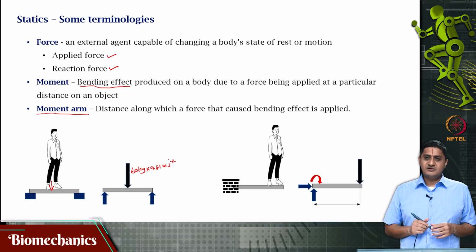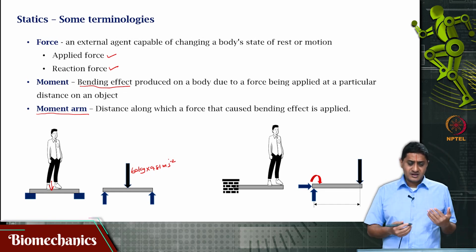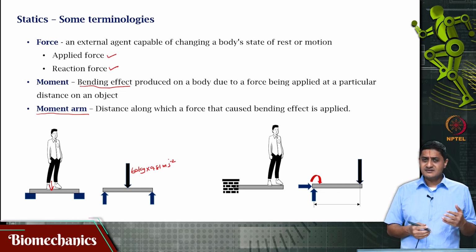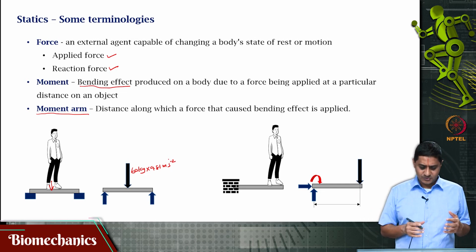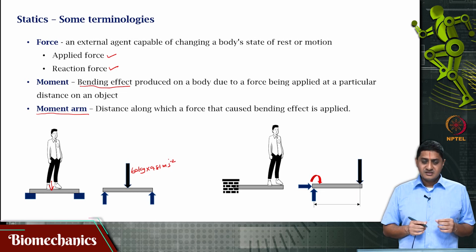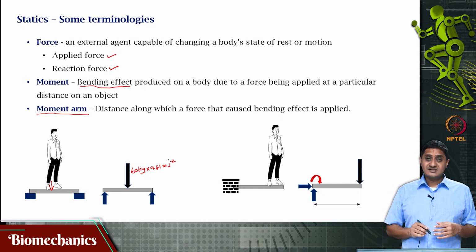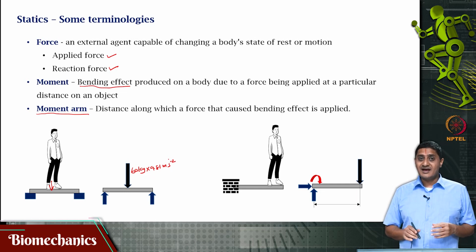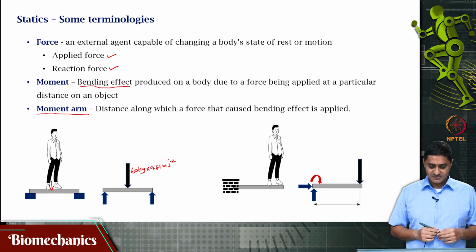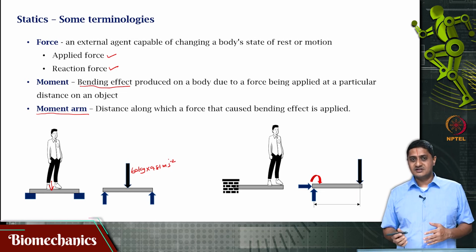But for this person to be in equilibrium, the plank must apply this 600 newton force on the person, so he can stay stable. How do you know this? And if these two are indeed equal and opposite, the mathematics will cancel out, but it is not so simple because these two are forces that are applied on two different objects. The person is applying a force on the plank, that is the actual applied force in this case, and the plank is applying a force on the person.